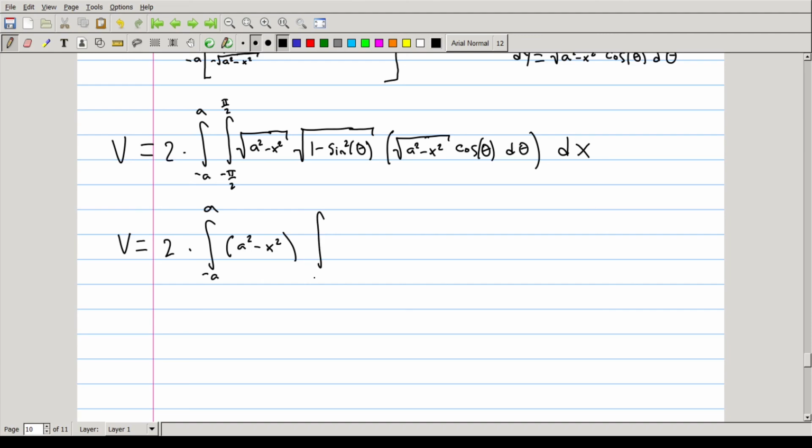This is the integral then from negative pi over 2 to pi over 2 of the square root of cosine squared theta times cosine theta d theta.